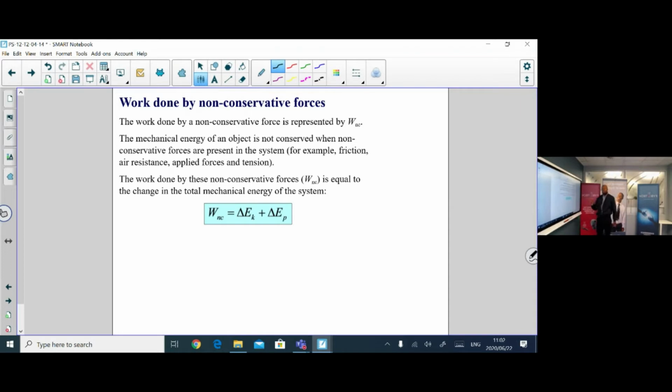When it comes to non-conservative forces, I said they remove the mechanical energy in the system. They don't follow the conservation of energy. In other words, with these non-conservative forces, we have negative work done.